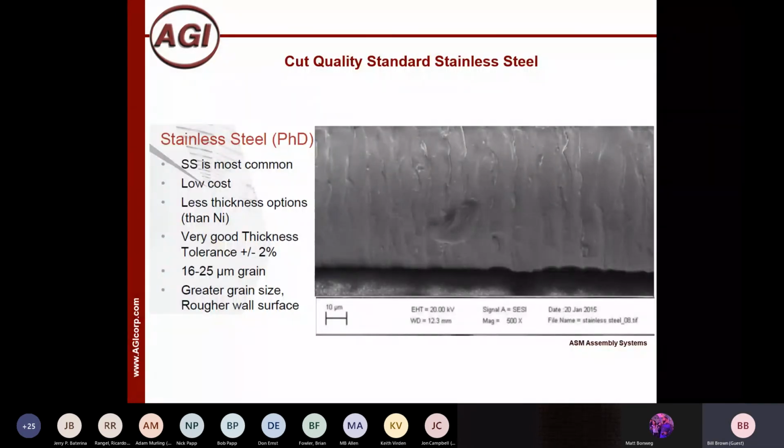That takes us into foils. Foil technology has really advanced. It used to be you only had a standard stainless steel stencil, and that's all you had. Regardless of your beam quality on your laser and how you're cutting it, you would still have issues because you had a 16 to 25 micron grain size in your metal.